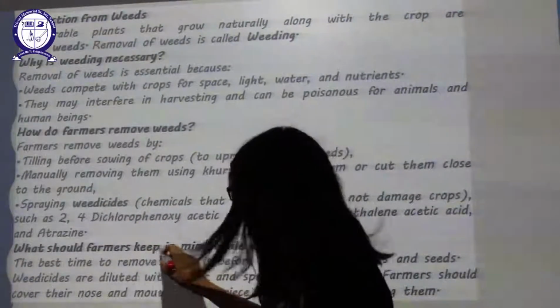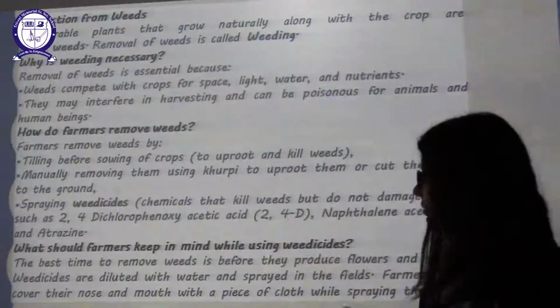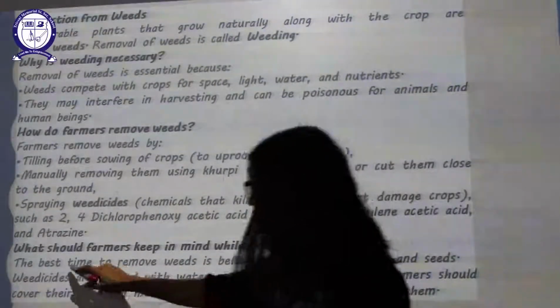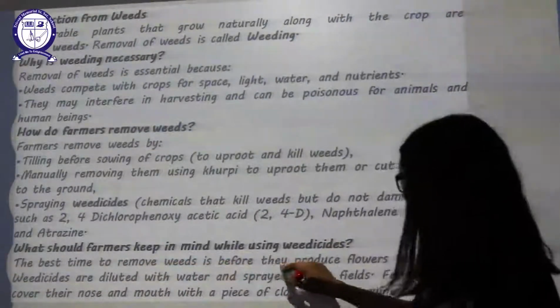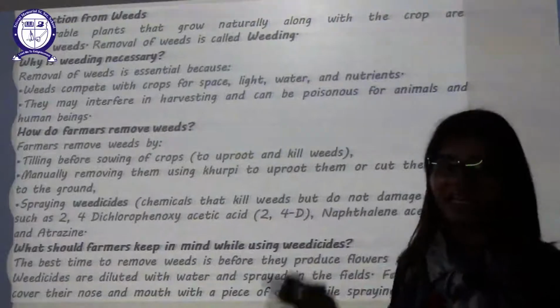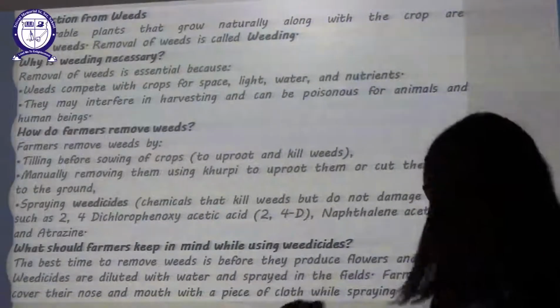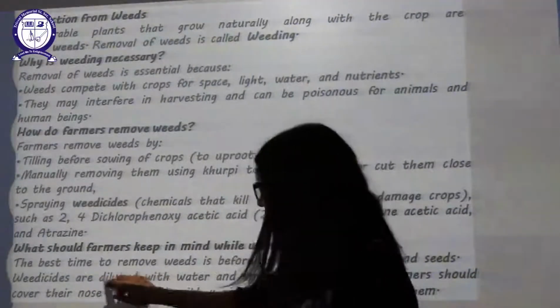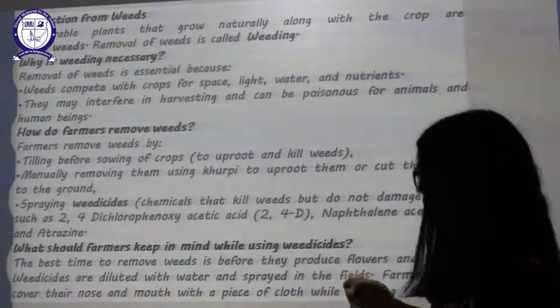What should a farmer keep in mind while using a weedicide? Firstly, the best time to remove weed is before they produce flowers. After that, it will be very hard for the farmer to remove them and their seeds. Secondly, weedicides are diluted with water and sprayed on the field.